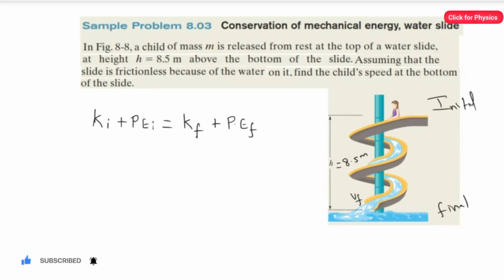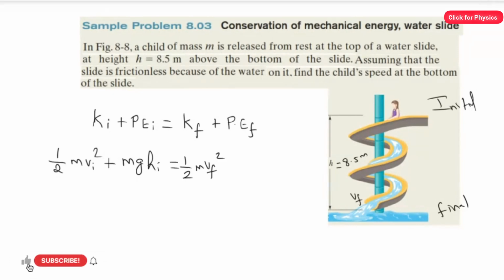If you substitute, for the initial kinetic energy I write half m vi squared, plus, for potential energy, m g hi, which is equal to half m vf squared plus m g hf. This is our left hand side of the equation, and this is our right hand side.